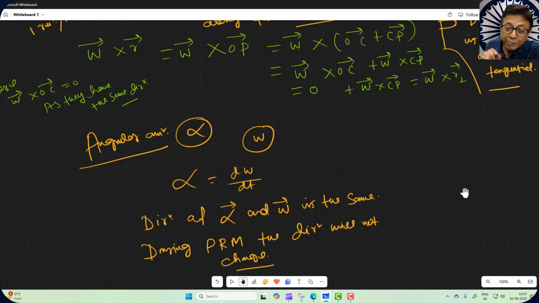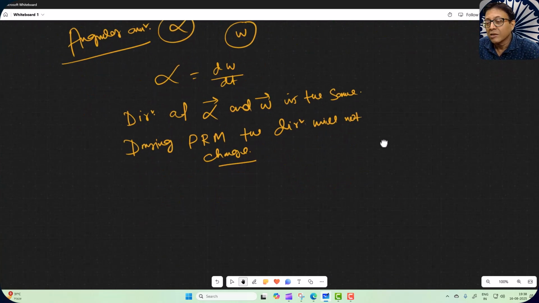But you can bring the case of a spinning top. Spinning top is not like that, but in today's class I will not be discussing the spinning top. In a spinning top, both alpha and omega change. Why? Because the axis of rotation direction also changes. Okay, we restrict our study to this only, where alpha and omega will remain the same. It will not change during the pure rotational motion.